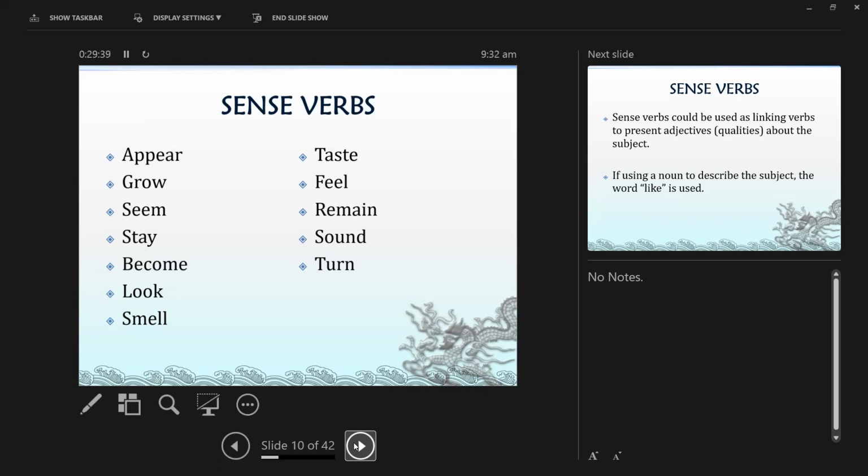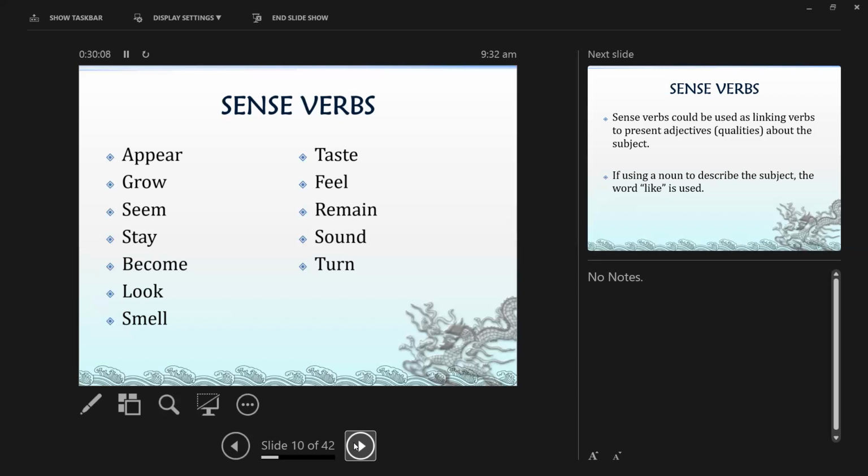Sense of sight. Very good. And another one? Hearing. Very good. So I already mentioned the five. We have sense of taste, sense of sight, sense of hearing, sense of feeling, and the last one? Sense of smell. So these are called sense verbs.